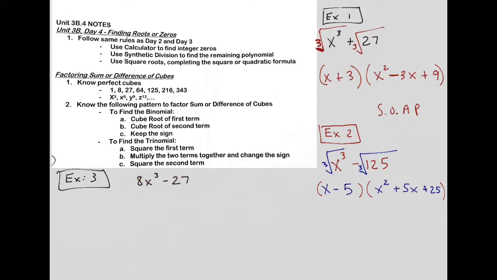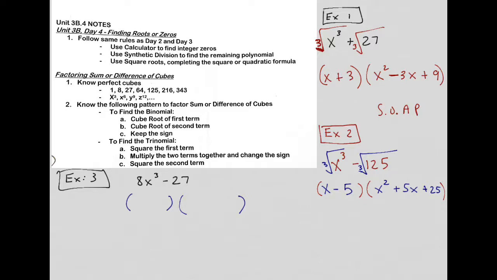Okay, so we'll just keep it moving. So we're following the steps the exact same way. And we should, of course, have, let's change our ink color here, a binomial and a trinomial.